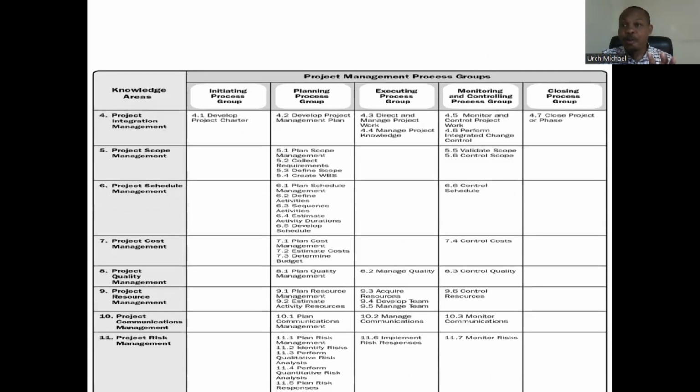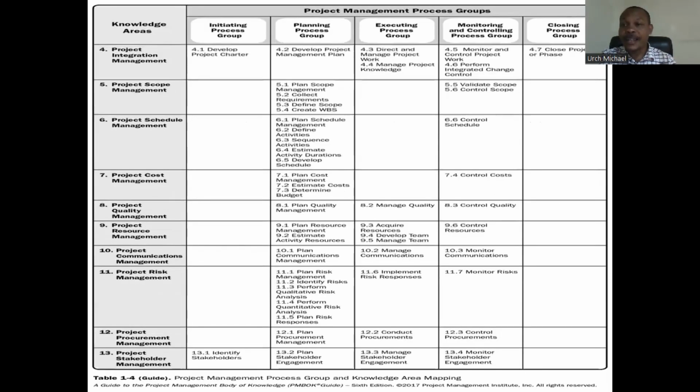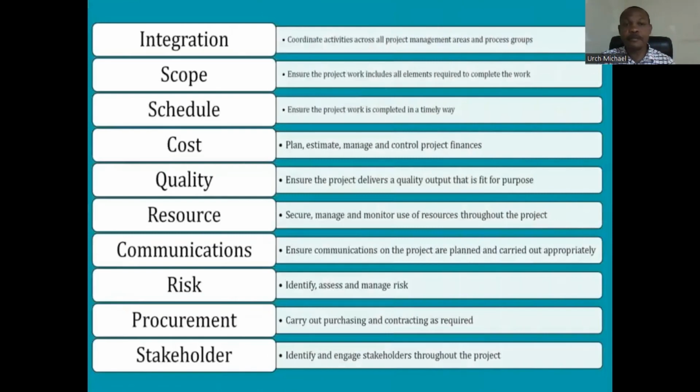Yes. So now we have the process group table and the knowledge area table right here, in case you've not seen it before. Take a closer look at this, you're going to see that we have the project management process group just over the table, and then just by your right, you're going to see the 10 major knowledge areas: integration, scope, schedule, cost, quality, resource, communication, risk, procurement, and stakeholder.